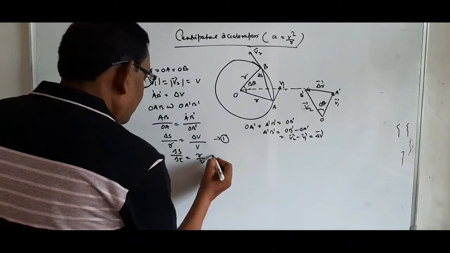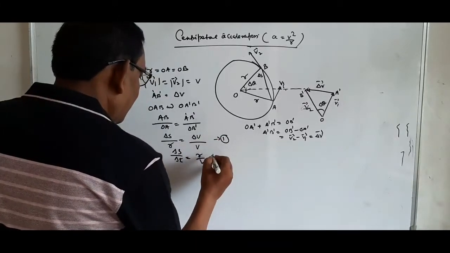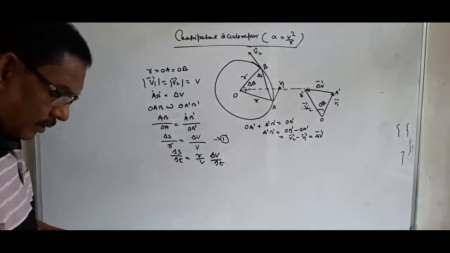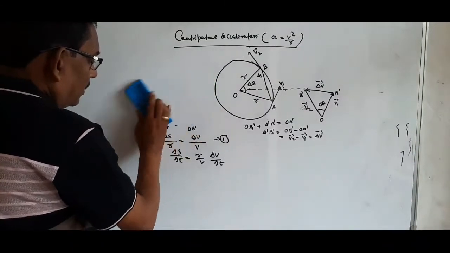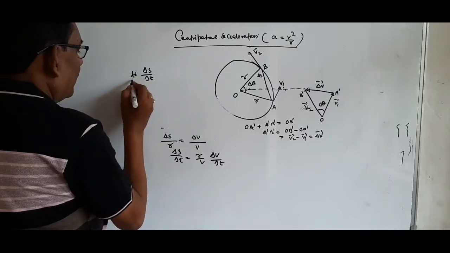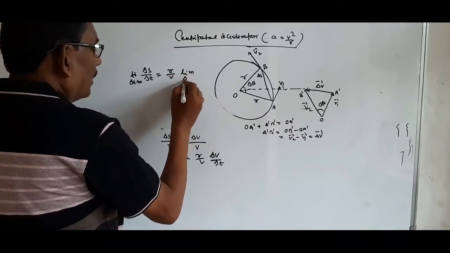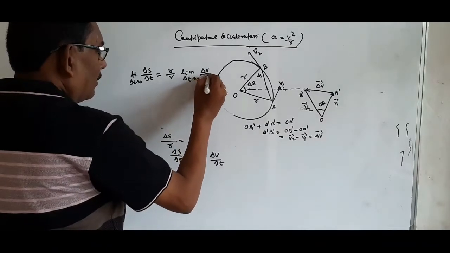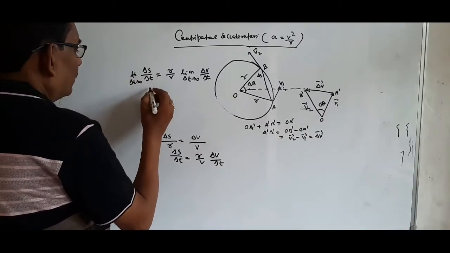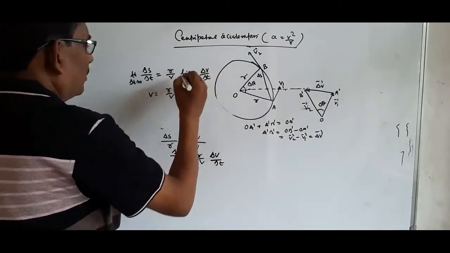Now it is 1 by delta T into delta V, that is delta V by delta T. Now taking the limit delta T tends to 0, the equation becomes limit delta S by delta T equals R by V times limit delta V by delta T. You know that this value gives you the velocity, and this gives you the acceleration.